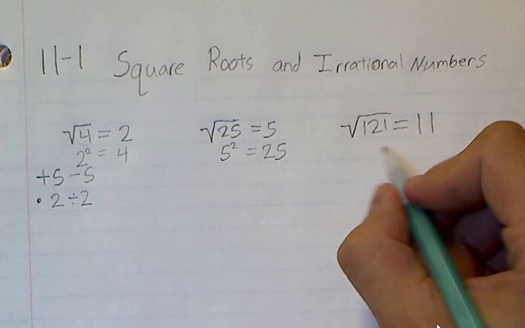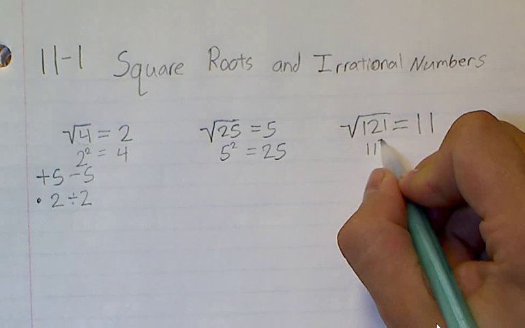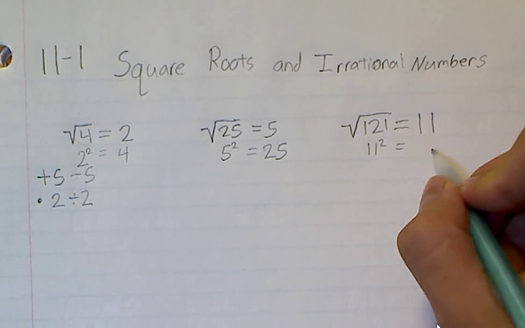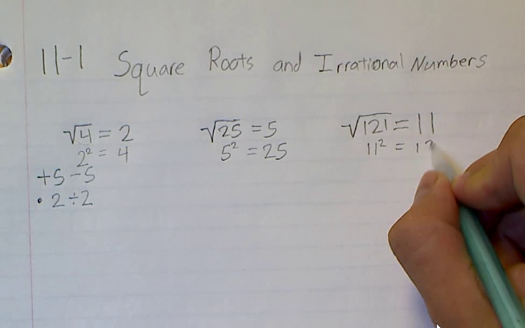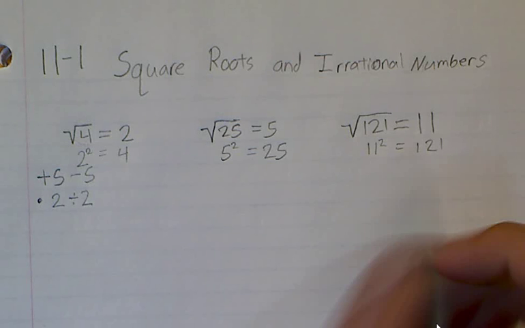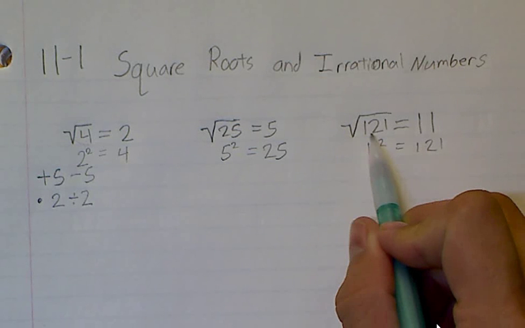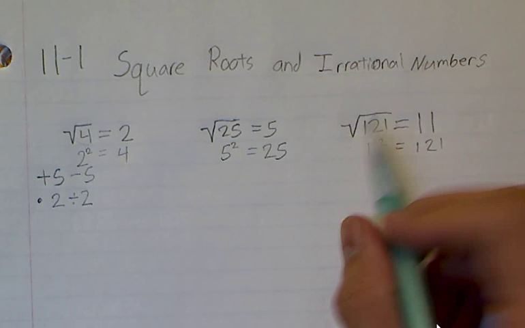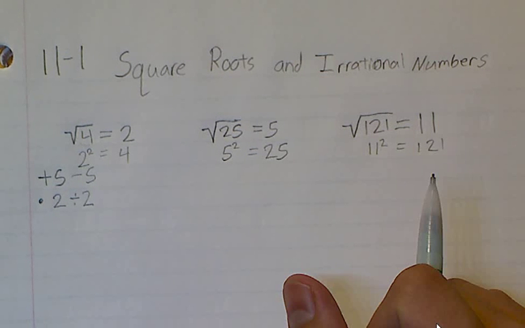If I have 11 squared, I get 121. They're the opposite of each other. Do y'all see that? I sure hope you do. So squaring and square rooting are the opposite.